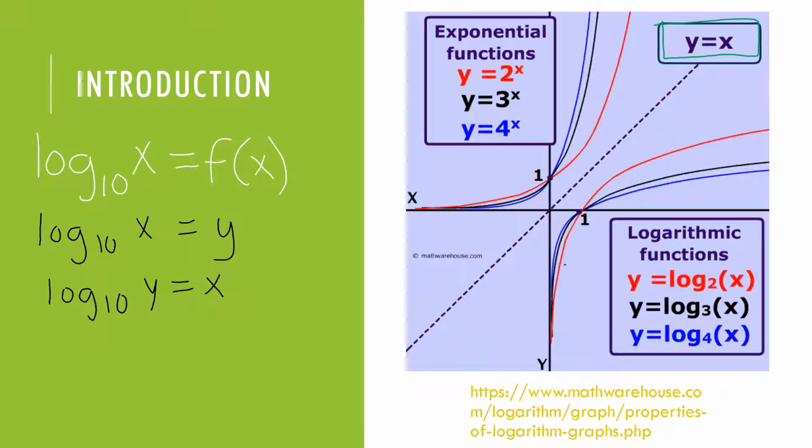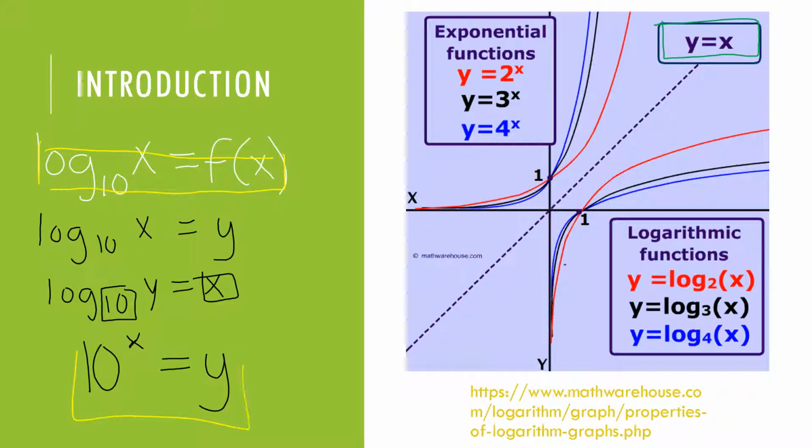And by the basic definition of logarithm, we are going to raise the base to the power of x. That's going to give us y. So that would be how a logarithmic function is an inverse of an exponential function.